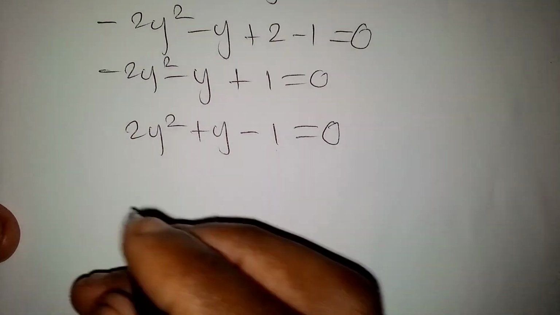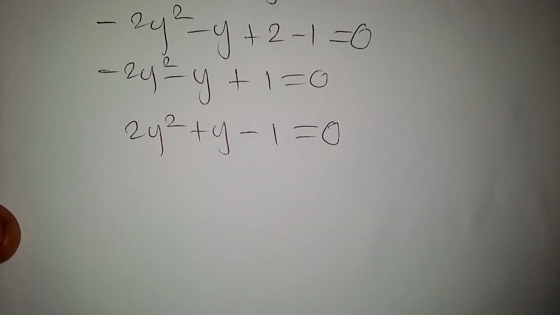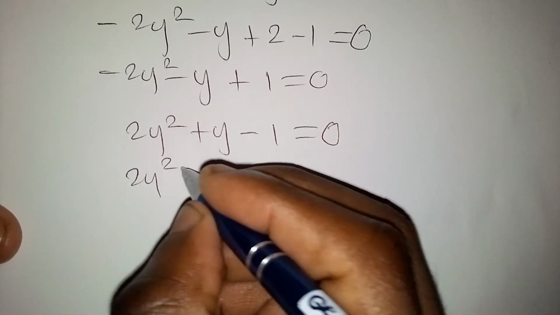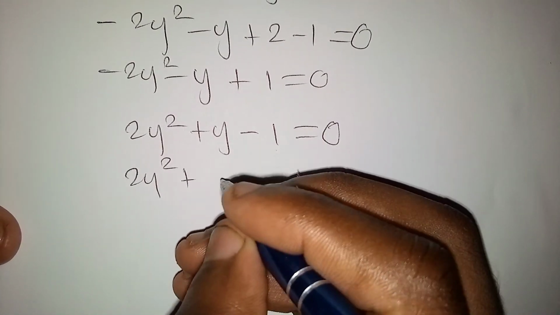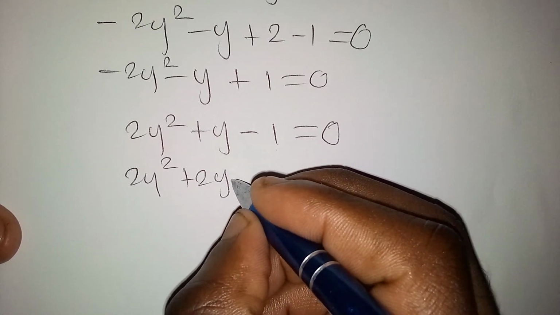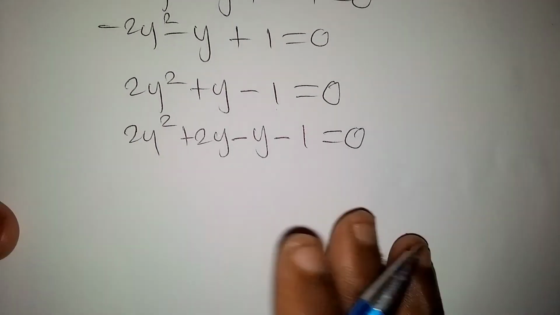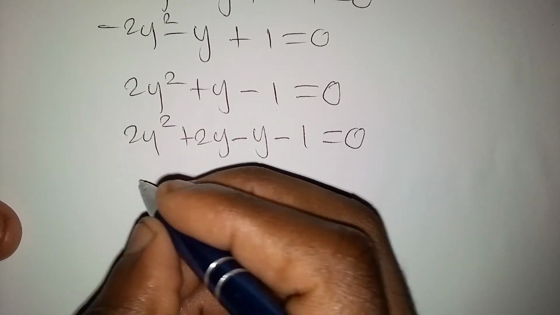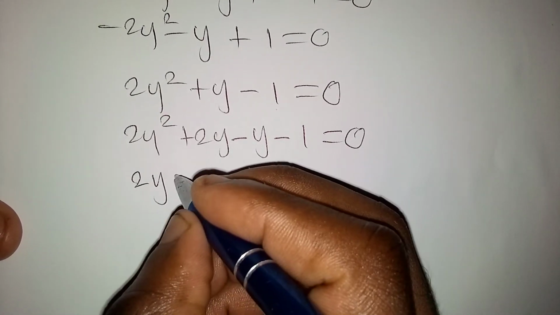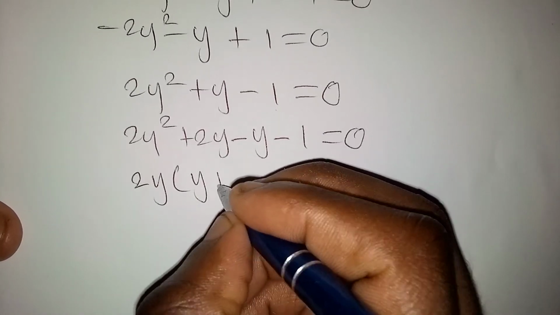Okay. Then this quadratic equation here, which two numbers when you multiply them, you get minus 2, and when you add them, you get 1. So it will be 2y squared plus 2y minus y minus 1 equal to 0. So we can factor out 2y, remaining y plus 1.